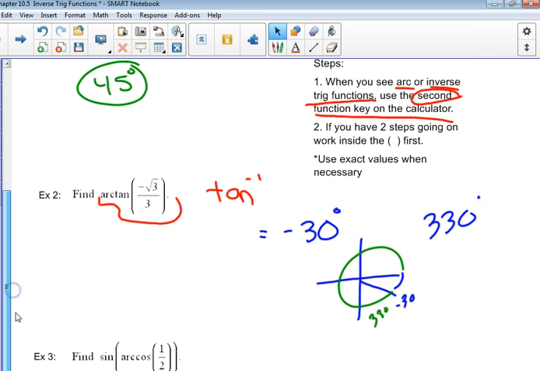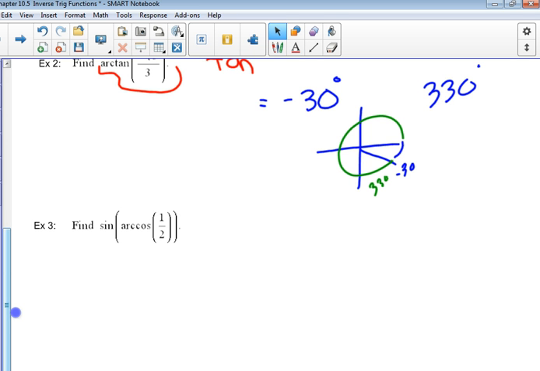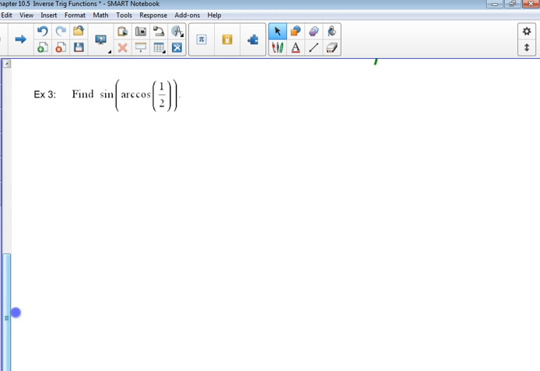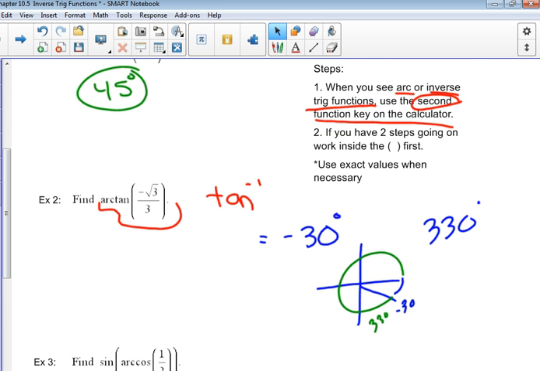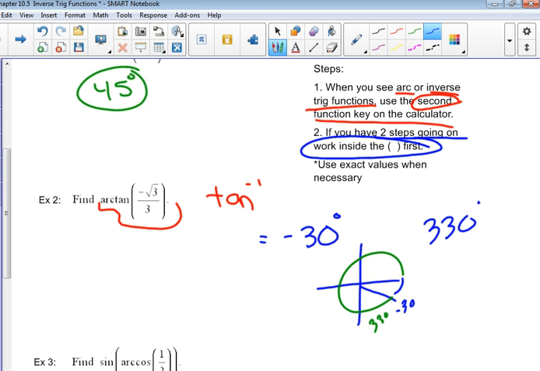Now, Katie asked about a part 2 question. If it's just a one-step, or even a two-stepper, they could give it as a part 1. But if they were ever going to do this as a part 2, it would usually look something like this, where there's more than one thing going on. Now, if we have two different trig functions, so we have a regular sine of the arc cosine of 1/2, whenever you have two steps going on, work inside the parentheses first.